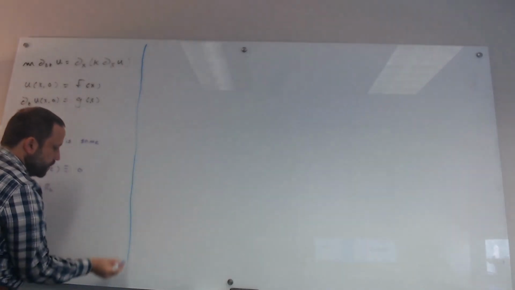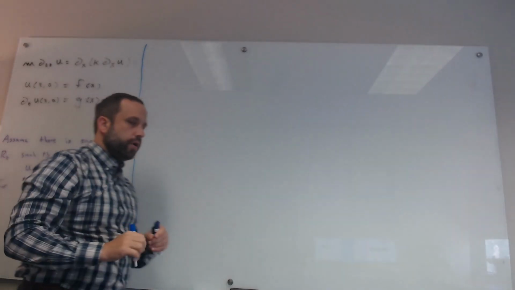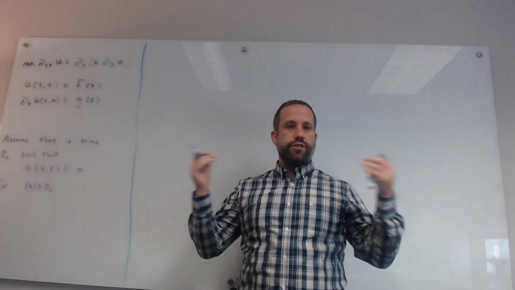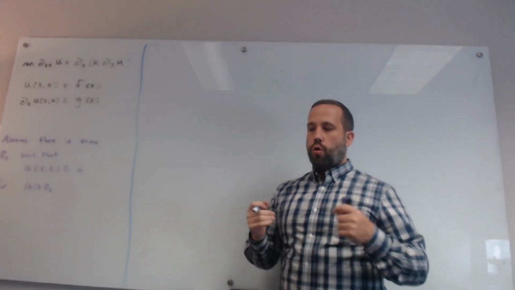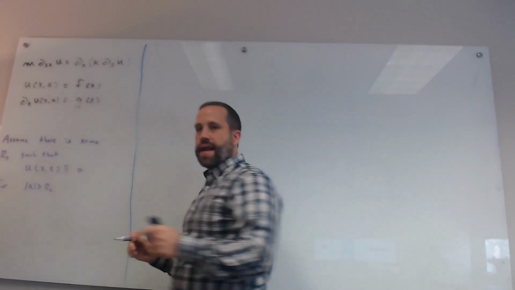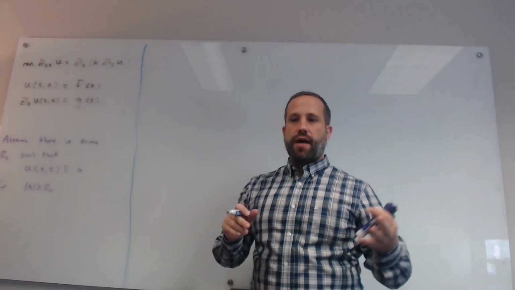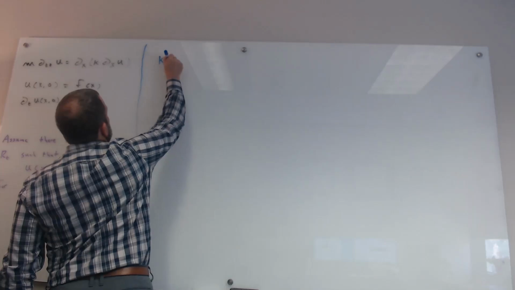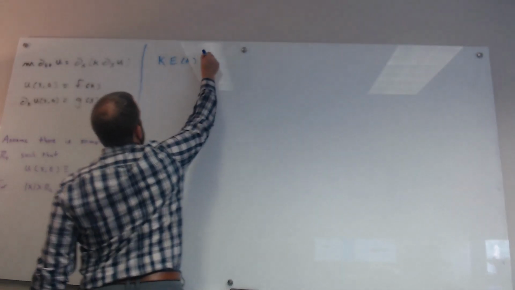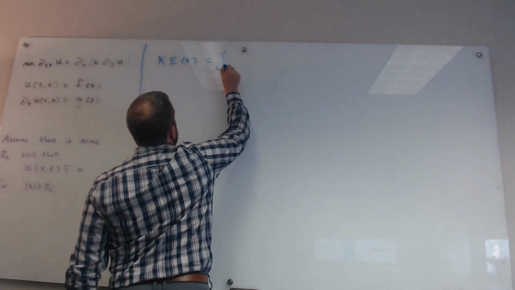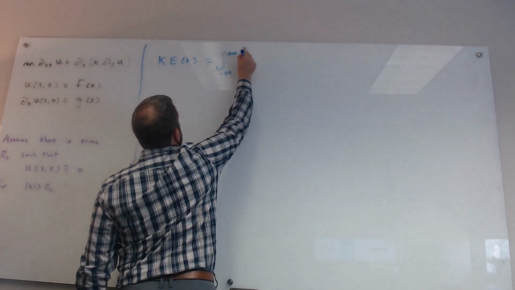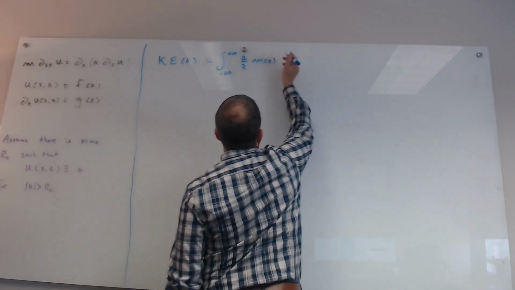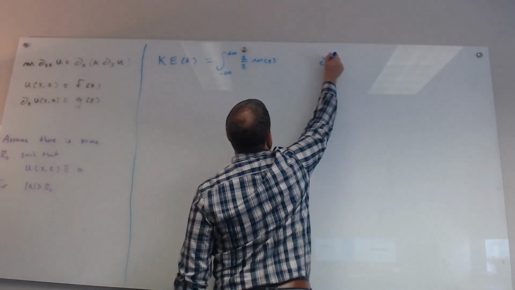Okay. So I want to compute the total amount of energy in the string. And remember, energy is either kinetic energy or potential energy. The kinetic energy is 1/2 mass times velocity squared. So for the string, the kinetic energy at time t is just going to be the integral from minus infinity to positive infinity of 1/2 times the local mass of the string, which is m of x dx.